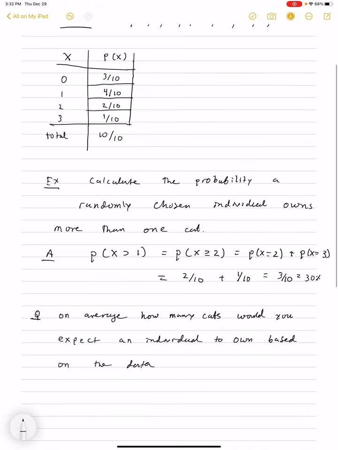Well, the average here, one way of denoting an average is with a bar, x bar. That's going to be common notation.